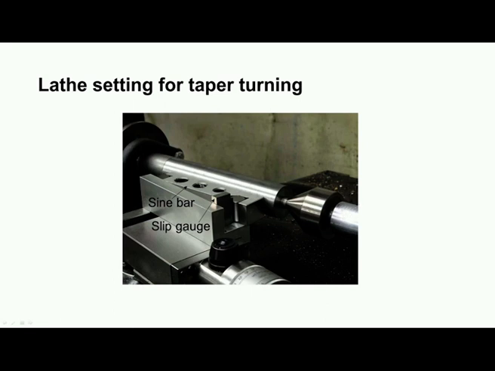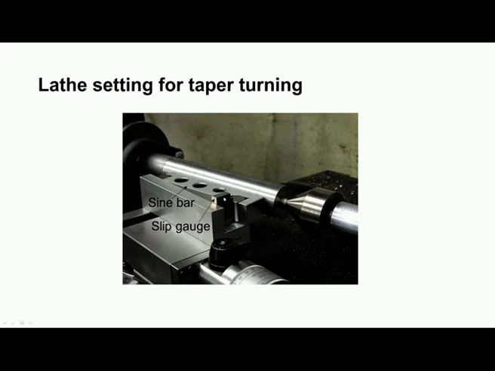You can see the sine bar, and this is the reference surface, and between the cylinder of the sine bar and this reference surface we have filled in the slip gauge.